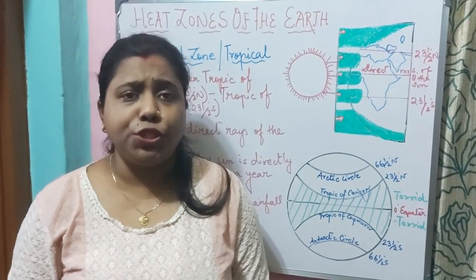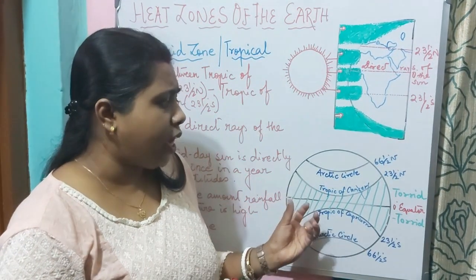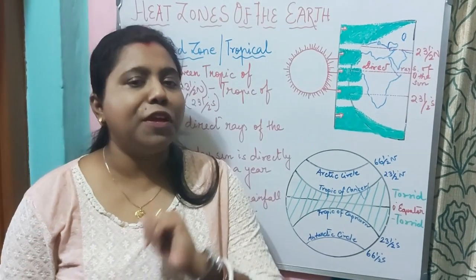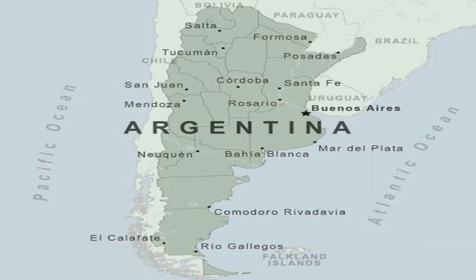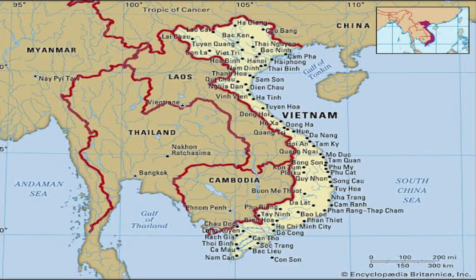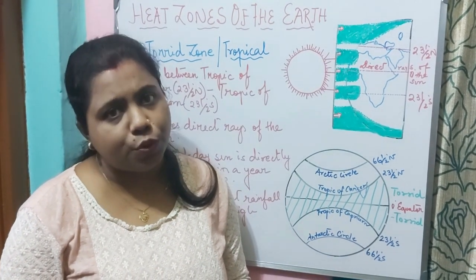If anybody asks you which are the countries that fall under the torrid zone, will you be able to answer? No? Let me give you the answer. The countries which lie in the torrid zone are Argentina, Brazil, Thailand, Malaysia, Vietnam, Sri Lanka. India is also lying, that's the south portion of our country. India lies in the torrid zone. So these are the countries which lie in the torrid zone, right?